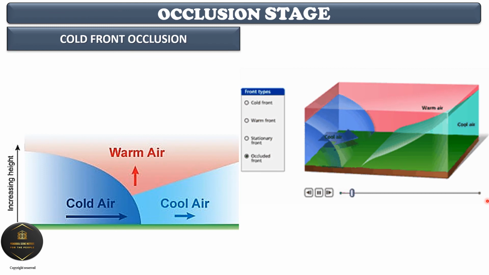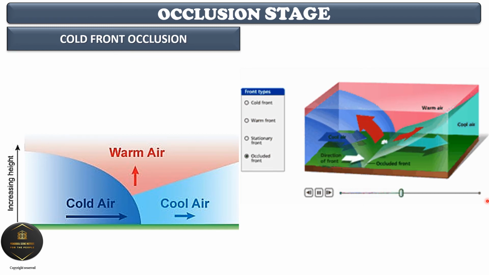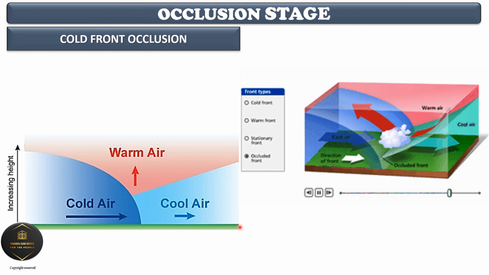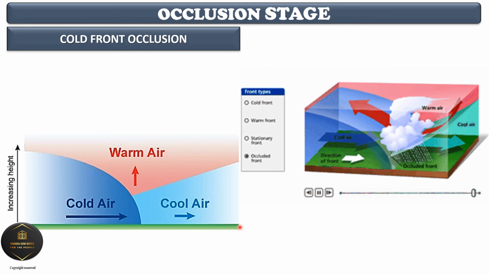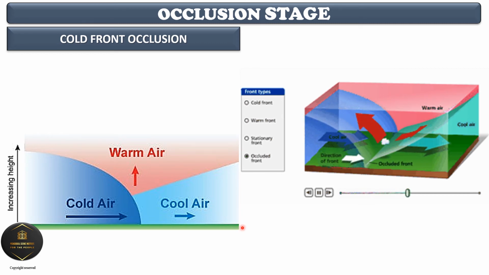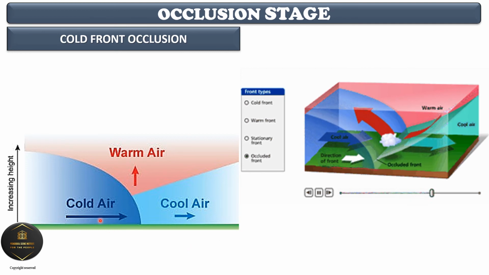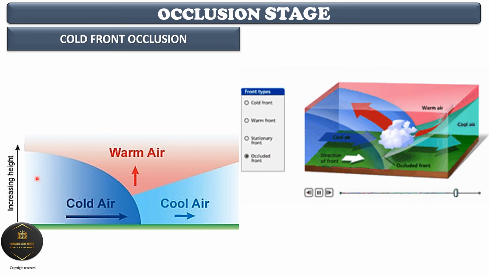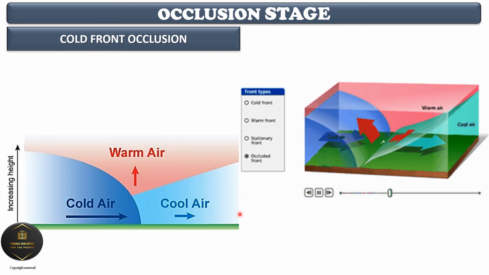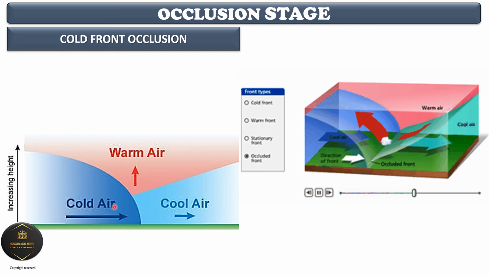Now, the system will then get destroyed. There are a couple of things that make the system be destroyed. One of them, which is a stage that we call the occlusion stage, is when the cold air decides to move faster than the warm air. So when the cold air moves faster than the warm air, the cold air will occupy the whole surface, thus increasing the pressure.